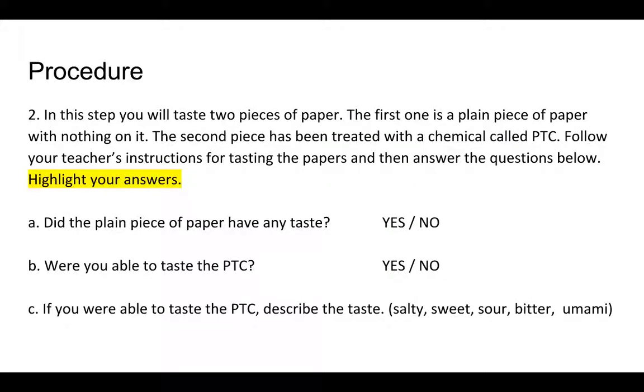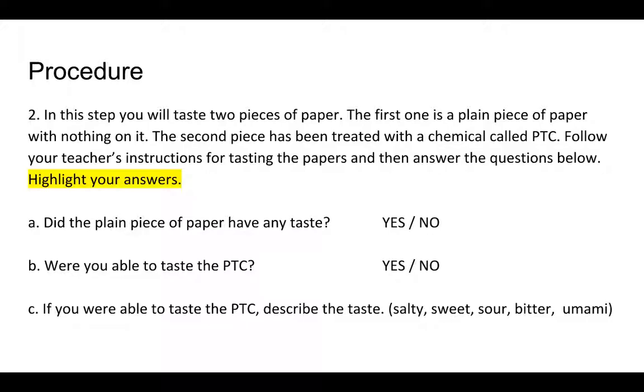Okay, procedure number 2. In this step, you will taste 2 pieces of paper. We did this. The first one was a plain piece of paper with nothing on it. The second piece has been treated with a chemical called PTC. So follow your teacher's instructions for tasting the papers and then answer the questions below. Did the plain piece of paper have any taste? Should be no. And then, were you able to taste PTC?